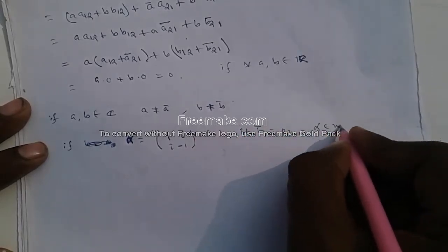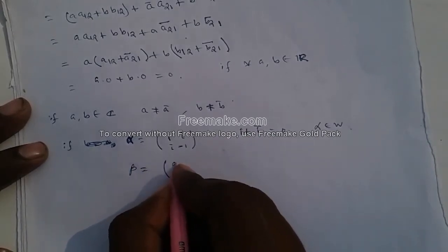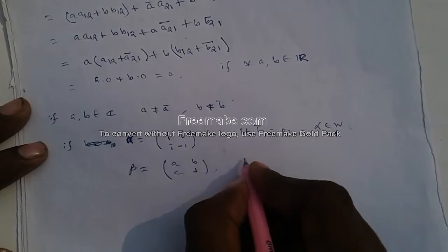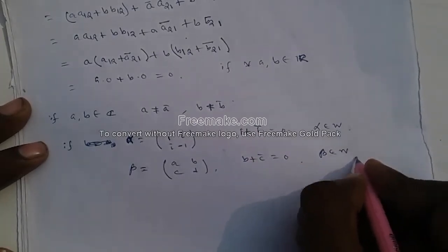So alpha belongs to W, and beta is another arbitrary matrix A, B, C, D where B plus C-bar equals 0, so beta belongs to W.